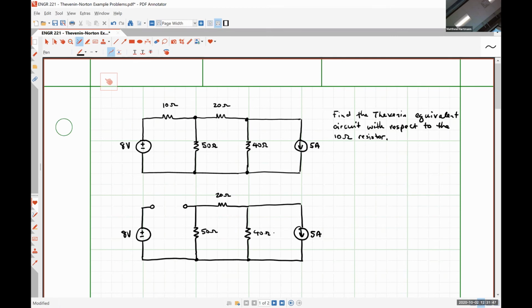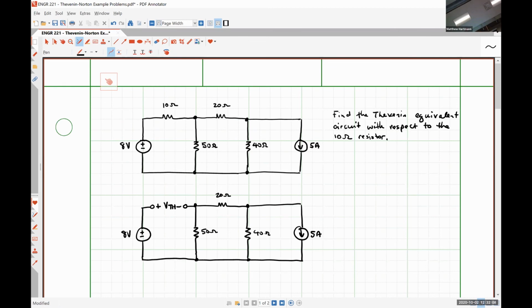So since we're trying to find the Thevenin equivalent circuit, that means that we're going to be interested in two pieces of information: the Thevenin voltage and the Thevenin resistance. So I'm going to define the Thevenin voltage with positive polarity terminal on the left.